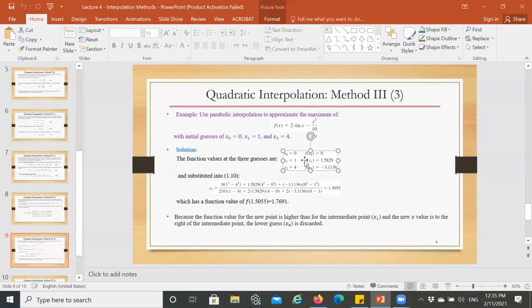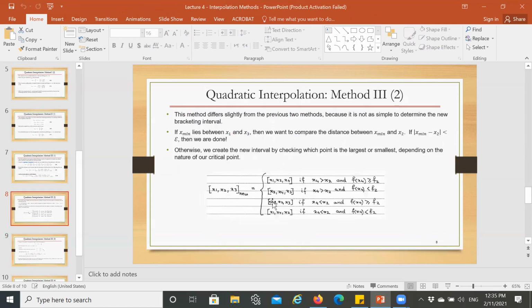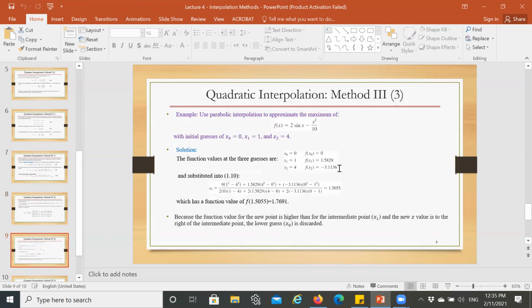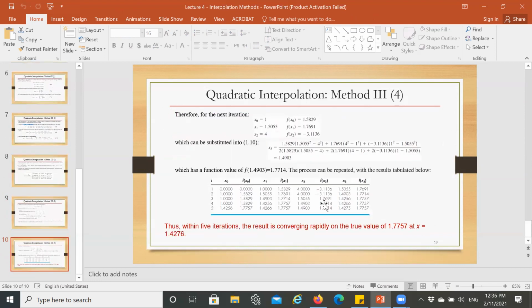So basically what you have to do is solve it, find the function, put it in the Lagrangian interpolation formula, evaluate it, and then you see whether to discard the interval based on this, and you iterate until you get some very small value. So I keep doing this, as you see over here, when I get to the 5th iteration, I see that my f of x0, f of x1, and f of x2 are very close.